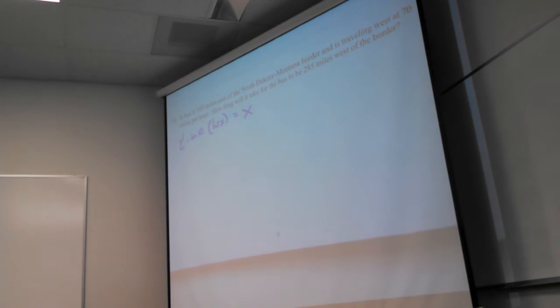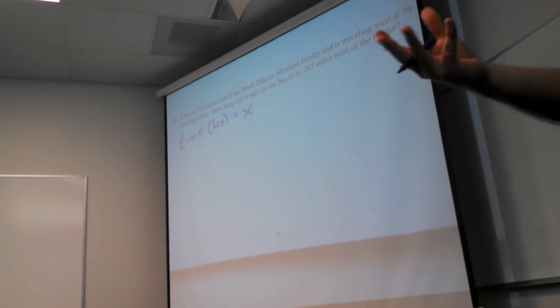So tell me, can you kind of do like we did for the problem? After X hours, how far will we have traveled? After 1 hour, I would have traveled 70 miles. After 2 hours, we would have traveled 140 miles. So after X hours, how far did we travel? 70X, right?